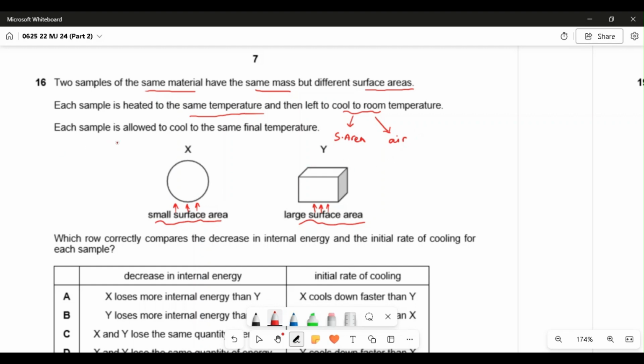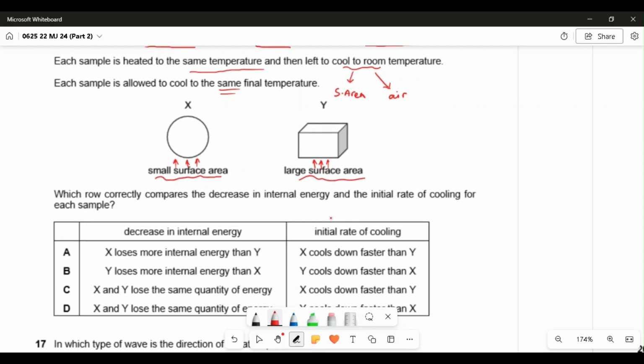Now each sample is allowed to cool to the same final temperature. If we are going to find which one cools quickly, for me, it is the one with the large surface area, because it will release the heat quickly.